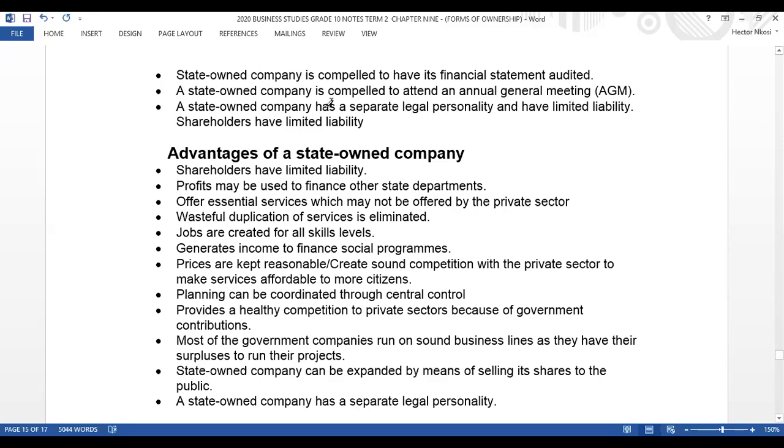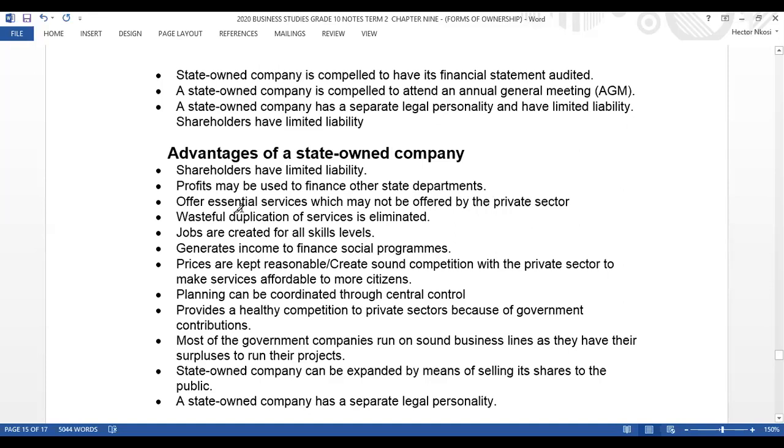A state-owned company has separate legal personality and has limited shareholders and limited liability, same as your public company. And these are your good things about your state-owned company. We know that the shareholders have limited liability. Profits may be used to finance other state departments and offer essential services which may not be offered by the private sector.